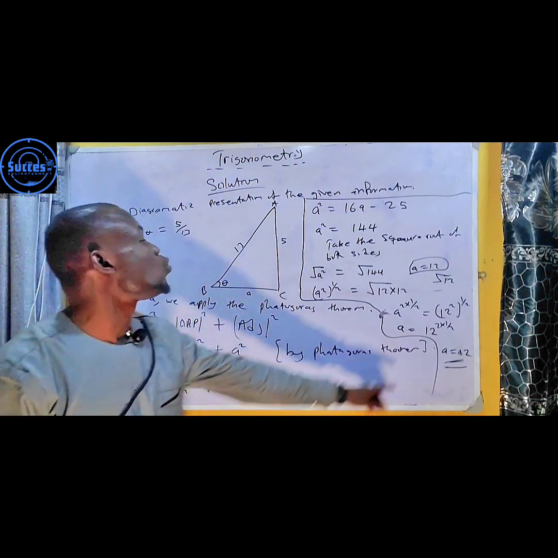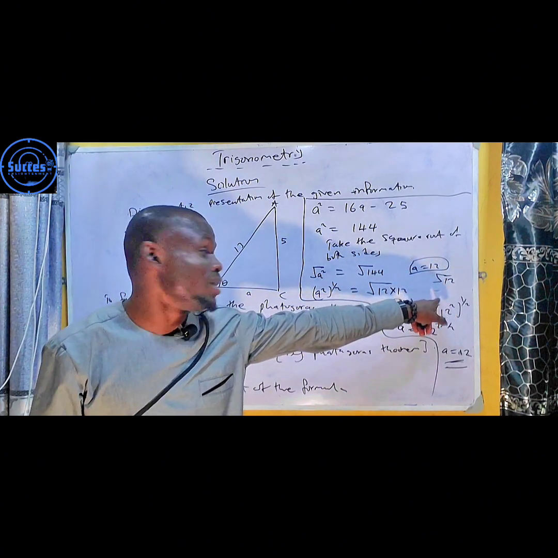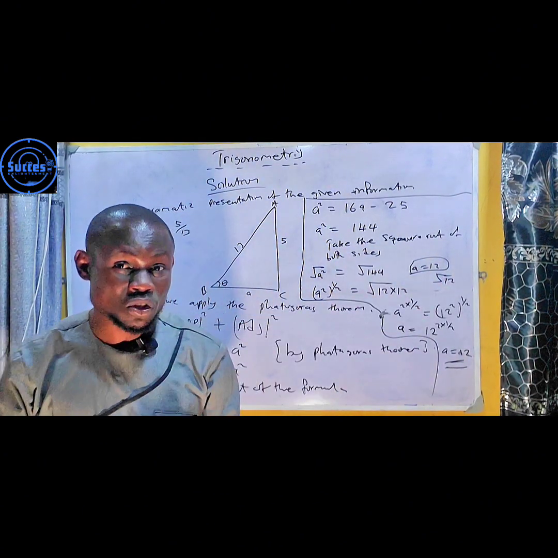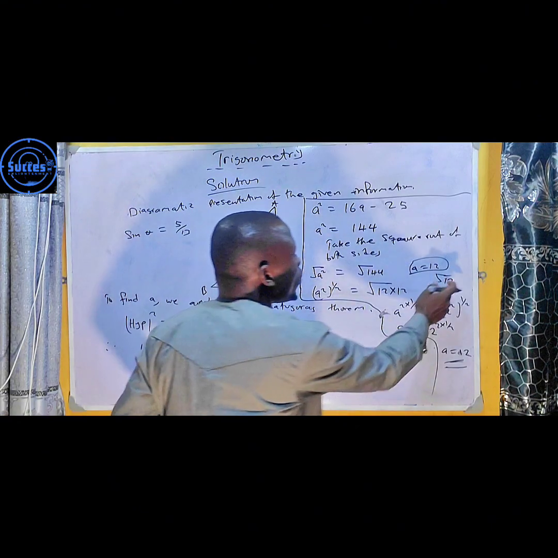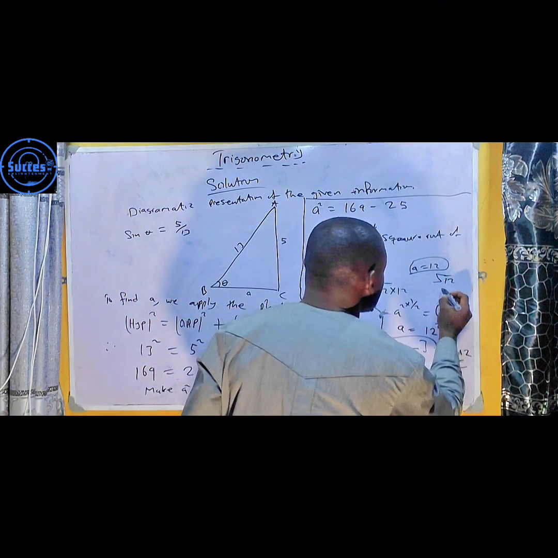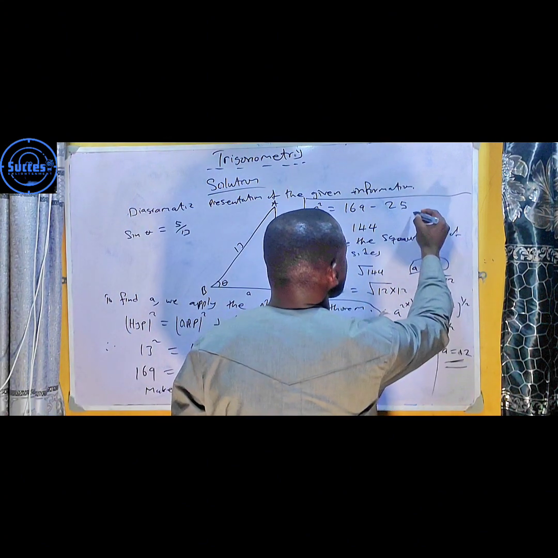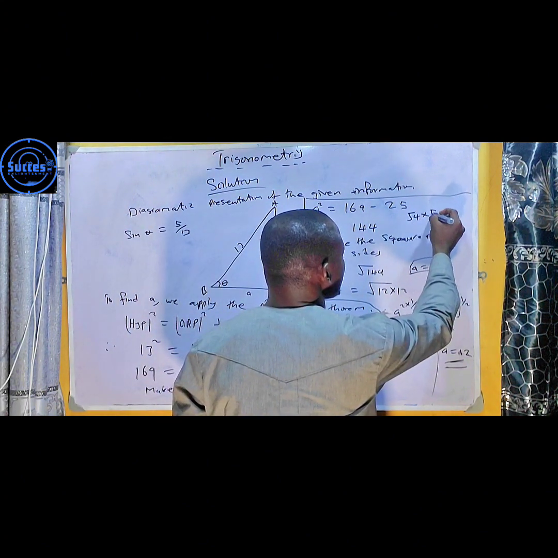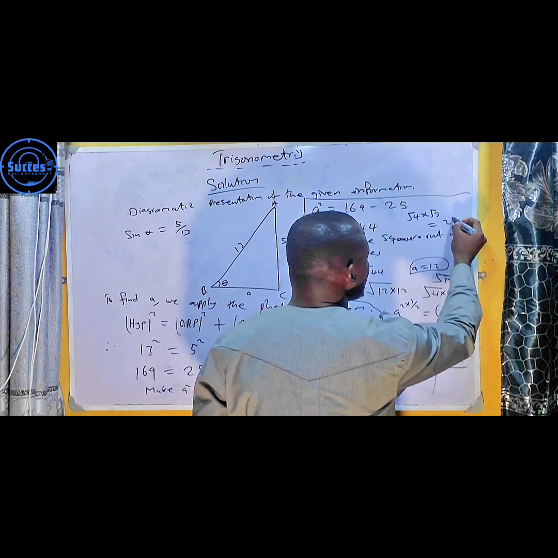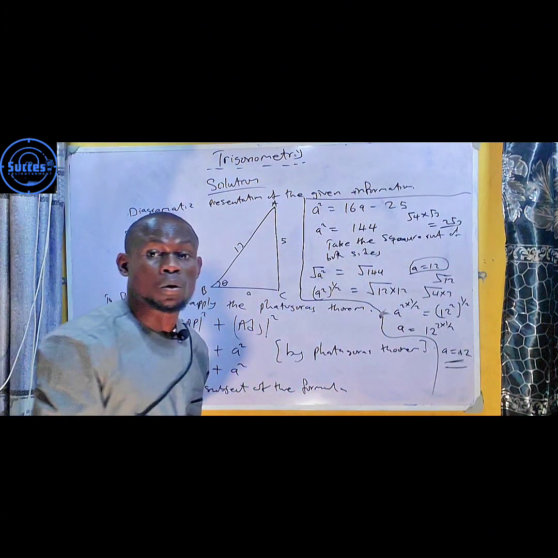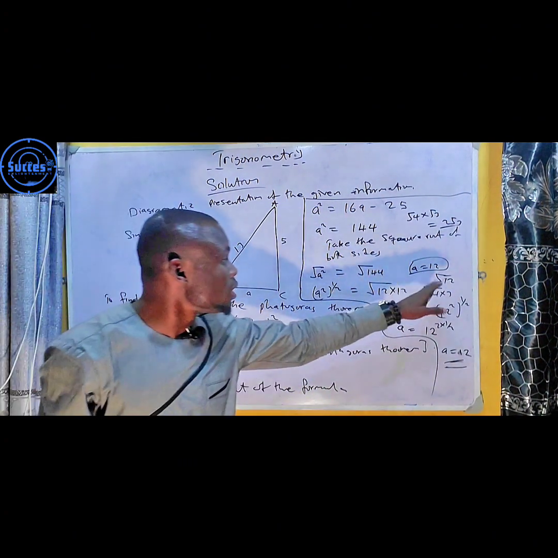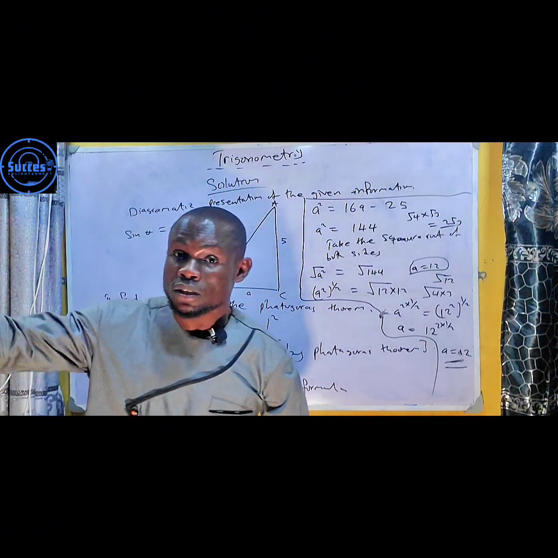It is better for you to leave this answer in surd form. If you have knowledge of surd, just use surd. Square root of 12 is the same as square root of what? 4 times 3. And this is the same as what? Root 4 times what? Root 3. And this is the same as what? 2 root 3. If you don't, this is why they taught you all this before this.